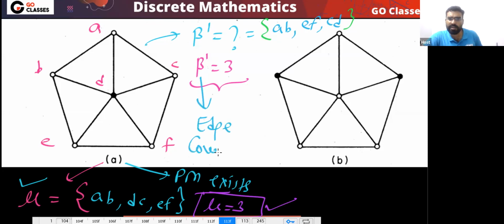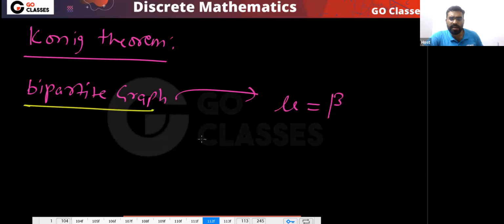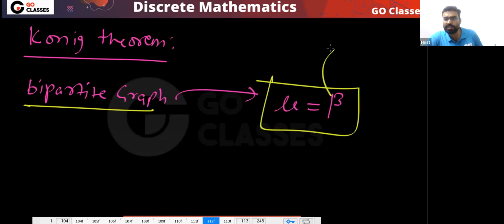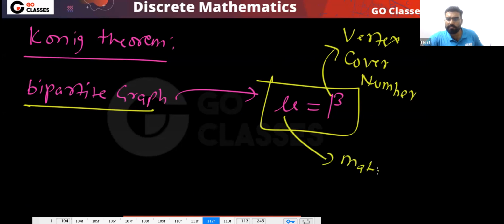This is your edge cover number. And Konig's theorem says that if your graph is bipartite, then this beta is your vertex cover number, and this is your matching number.